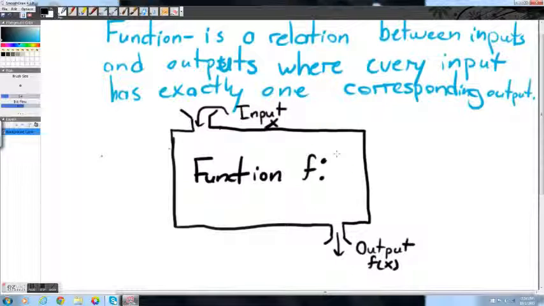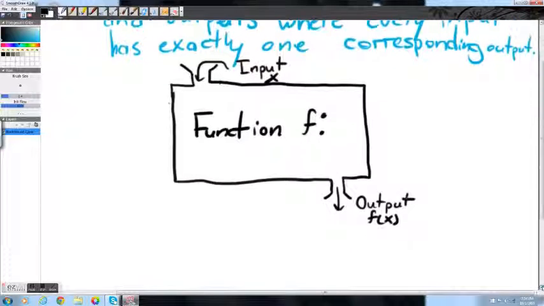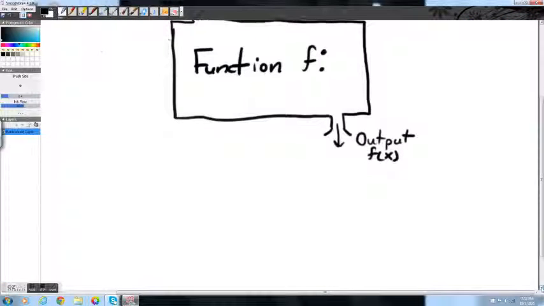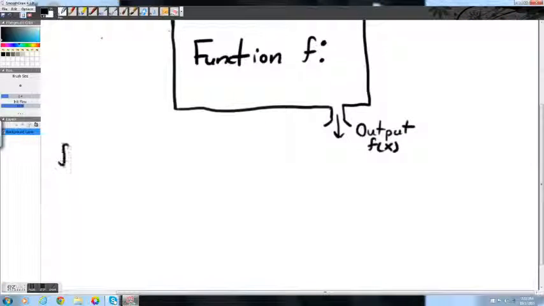The function takes an input and transforms it through some process and produces a corresponding output. So let's look at, for example, the function f of x equals x squared.